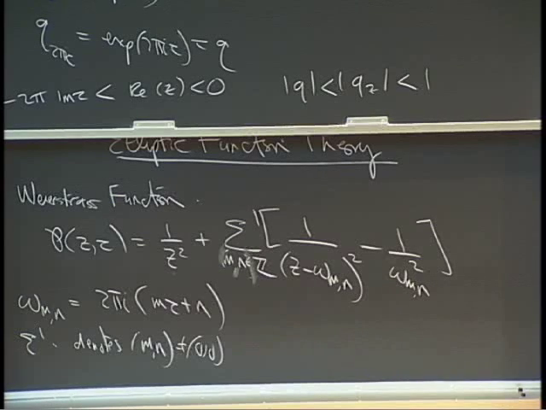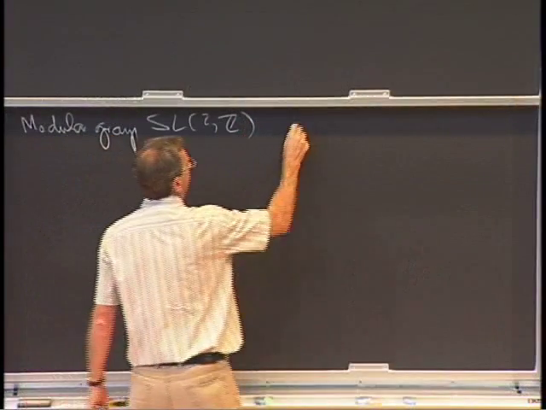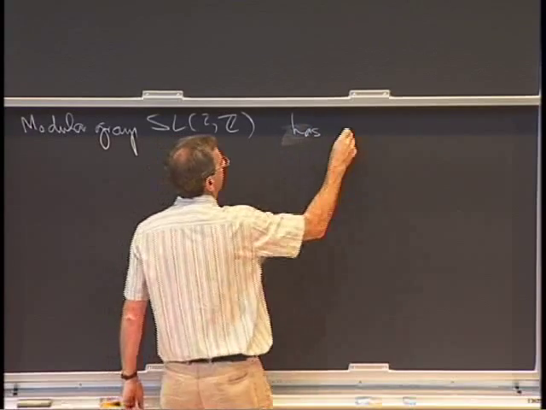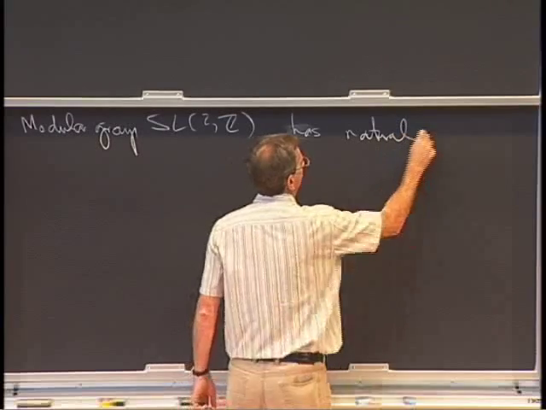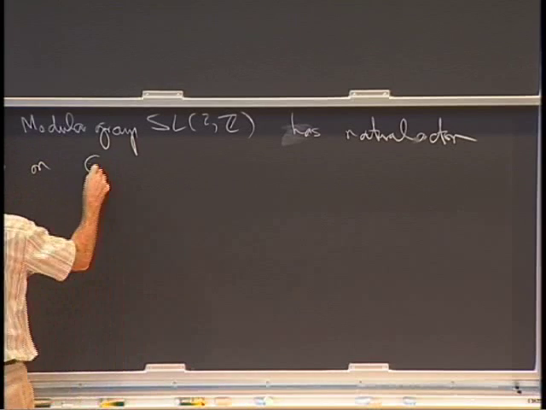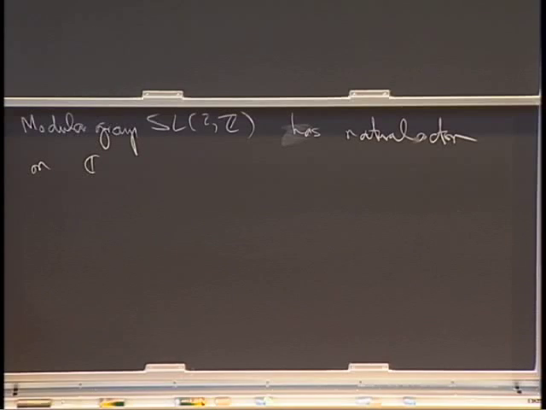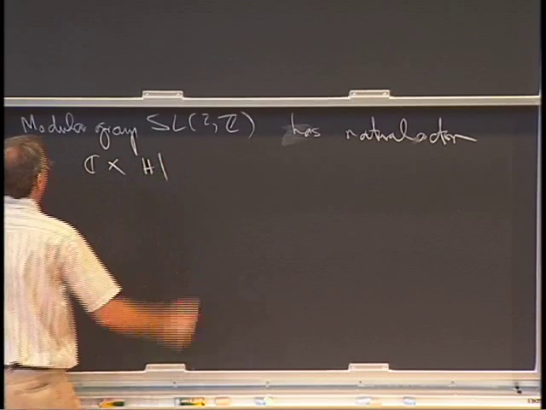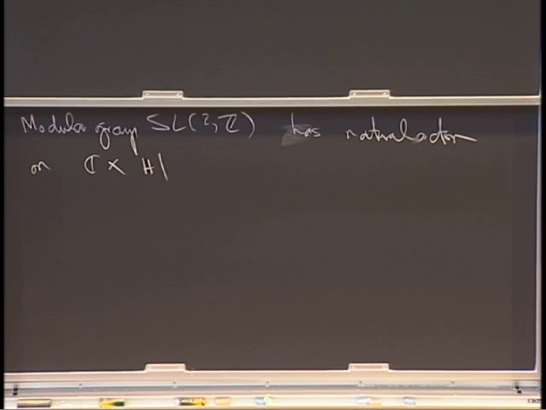Now let me talk about modular invariance. There's a natural action of the modular group on C cross H as follows.